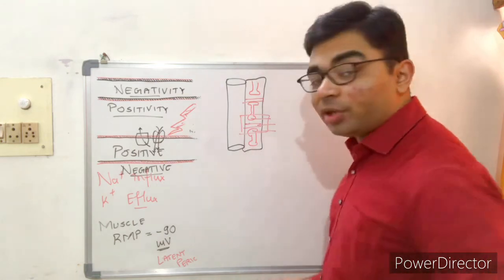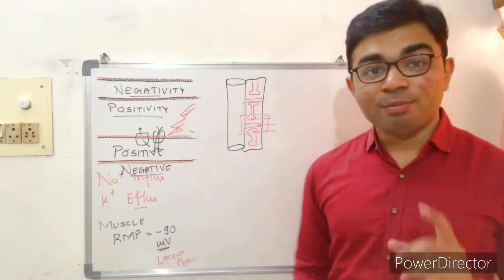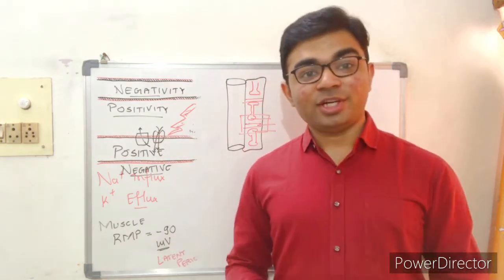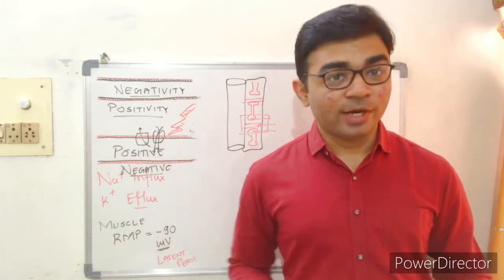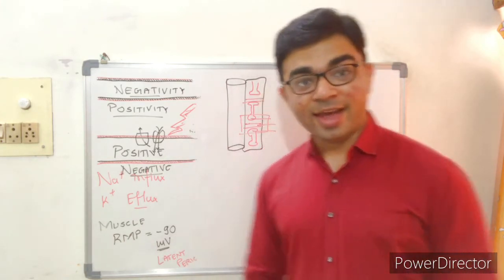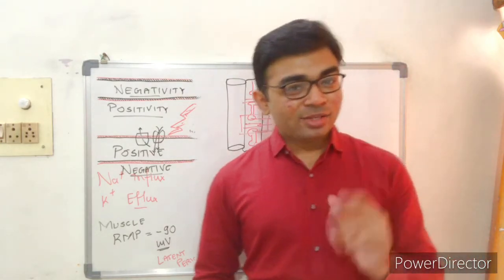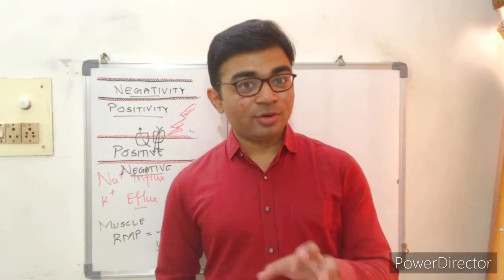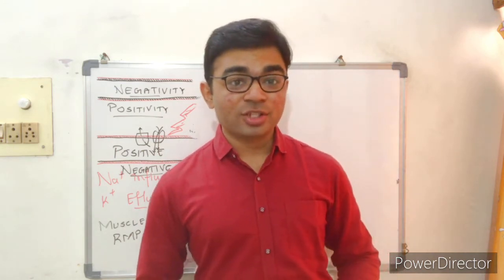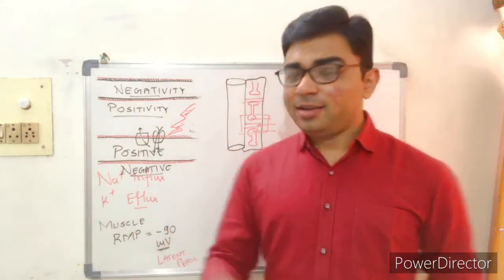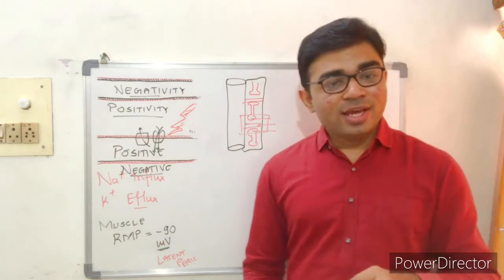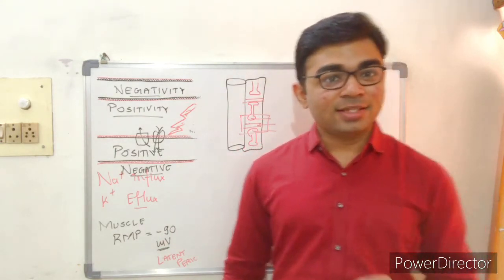So when an action potential comes, now comes the most important thing: it strikes over the sarcolemma. Sarcolemma has multiple openings of the T tubules. What is going to happen, I am going to explain in my next video, the neuromuscular junction: when an action potential comes, there is a neurotransmitter named acetylcholine.